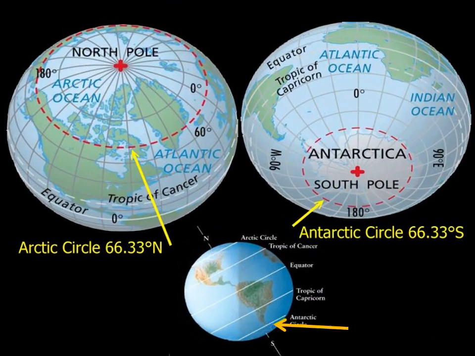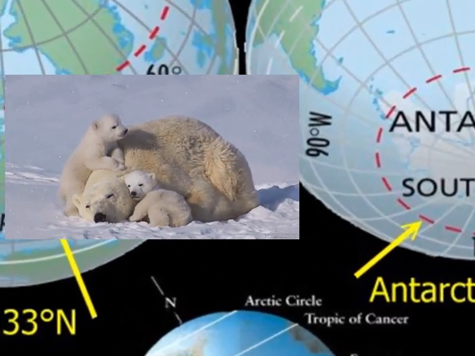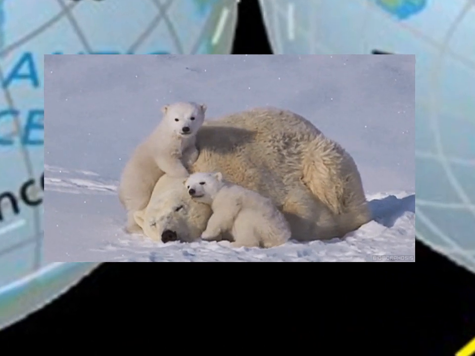We have visited Antarctica, which is found in the south pole of the Earth, where the penguins live. Now let's visit the Arctic region, which is found in the north pole of the Earth, where the incredible polar bear lives.